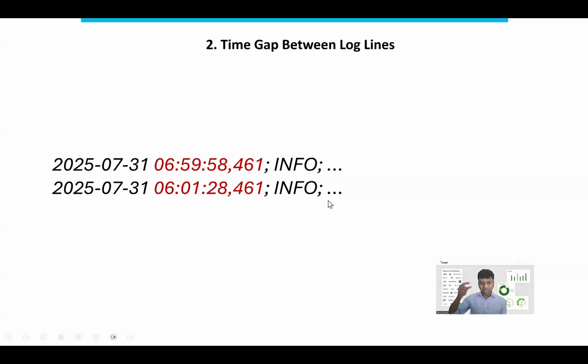And if it's printed by the same thread, it means the thread is stuck somewhere. The thread didn't move. From the previous statement to the next statement, 1.5 minutes elapsed. It means there is something going on in between those two statements, which is causing some slowdown or hiccups in your application. So you want to watch out for that, right?